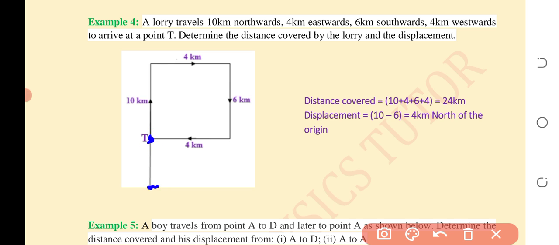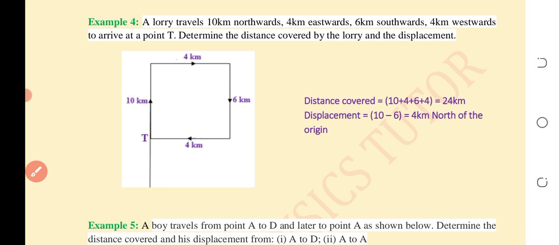So our displacement will be this part minus this part, and that will give us a displacement from here to here. That is 10 minus 6, which is 4 kilometers north of the origin. Our displacement is 4 kilometers north of the origin.